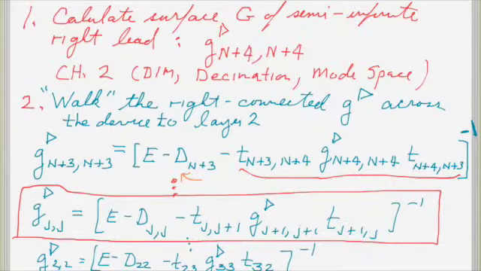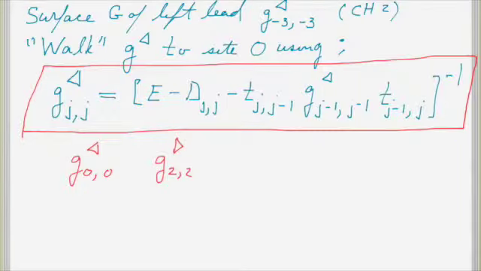We just move the left connected up from -3, -3 up to 0, 0 using this. This is what they call the recursive Green's function algorithm. And so now we can get the exact Green's function at 1, 1.